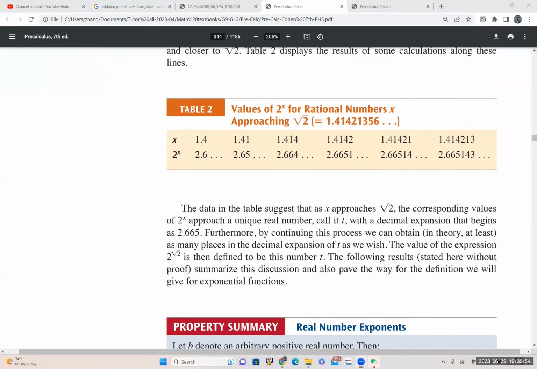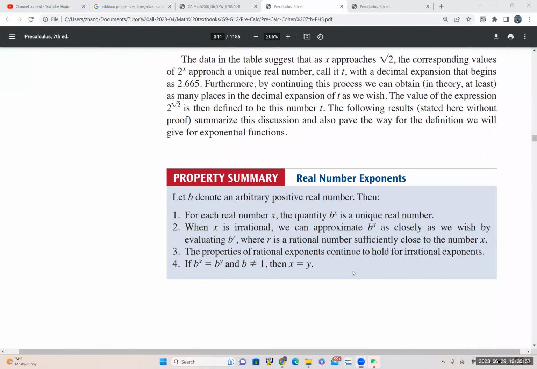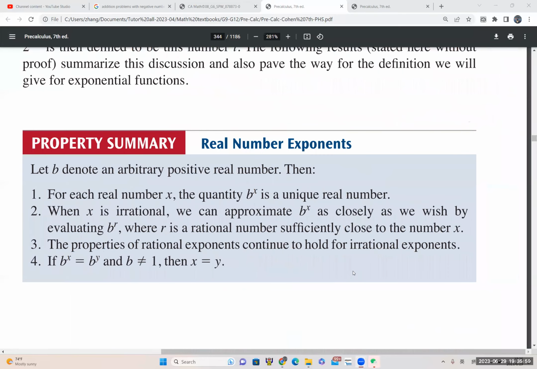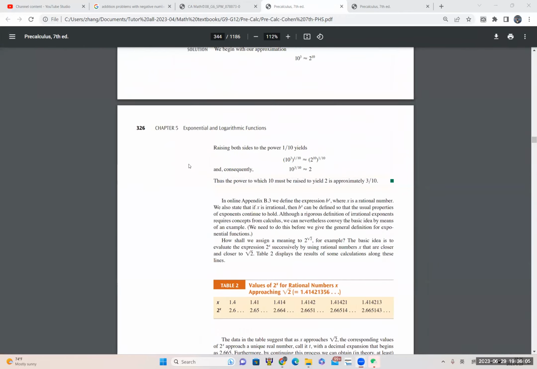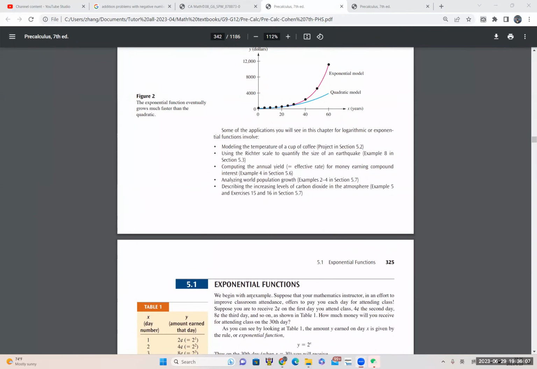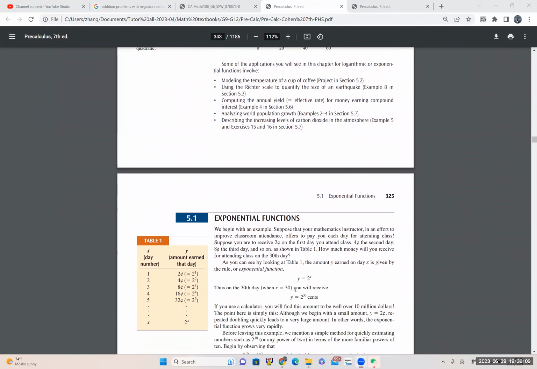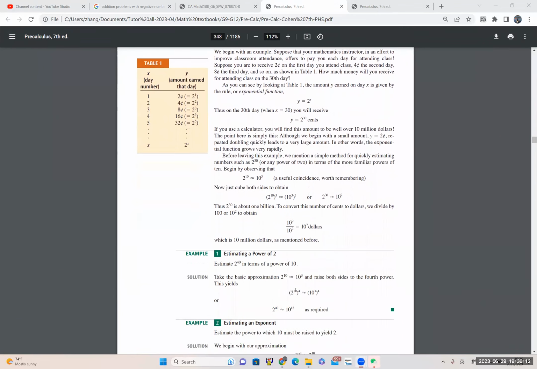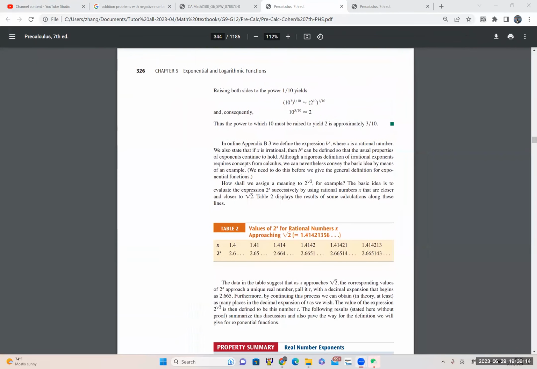Any definition? Okay. Property. Oh, this section is just for exponential functions? I'm not sure. Oh, yeah, exponential function. Then I suppose they should mention the definition for this kind of function.